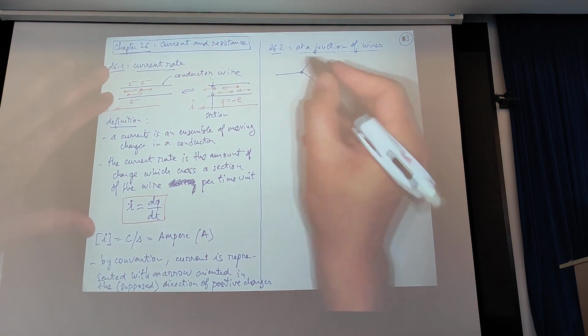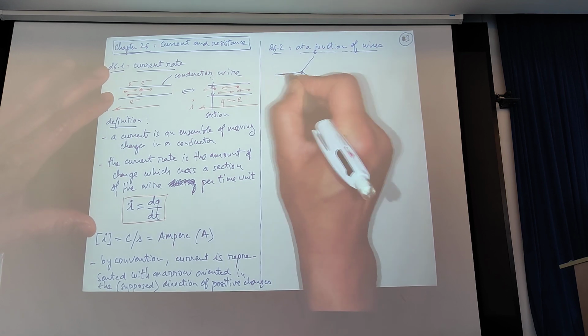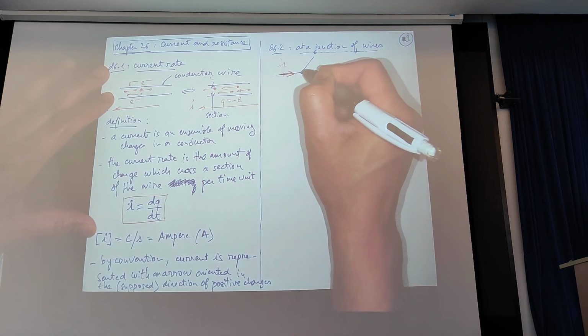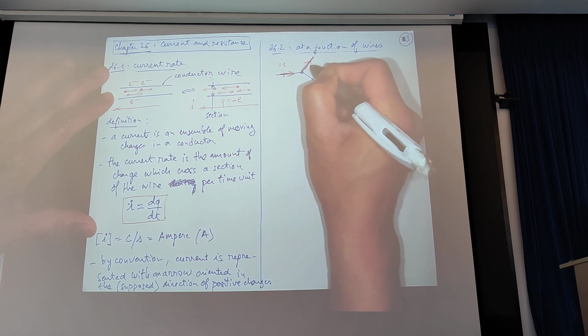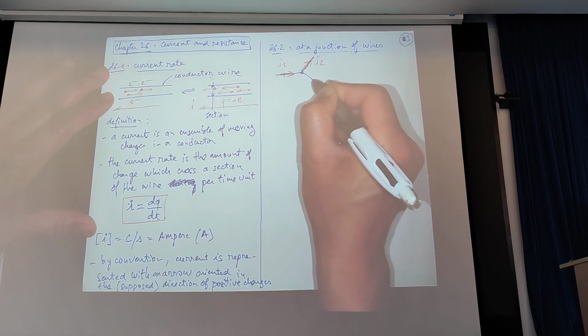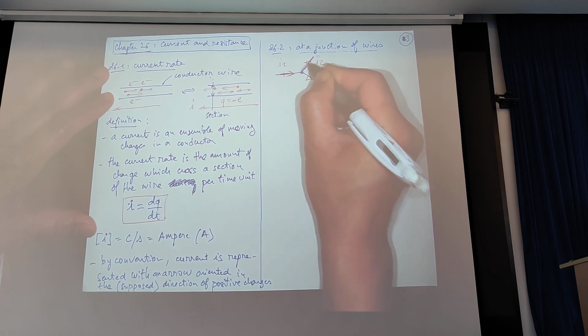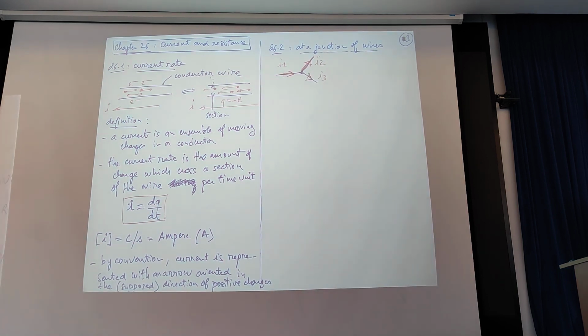Imagine that we have a current I1 here, I2 here, and I3 here. Because the number of charge is conserved in nature, there is no creation or destruction of charge.